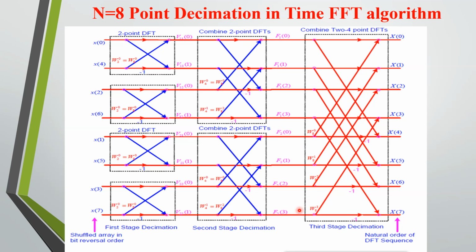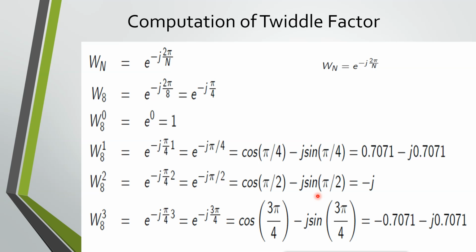Now we will see how to write the twiddle factor. We know W of N equals e to the power of minus j 2 pi divided by N. N here is 8. So you can write e to the power of minus j 2 pi divided by 8 equal to e to the power of minus j pi by 4. Now e to the power of minus j pi by 4 raised to 0: anything raised to 0, the value is 1.